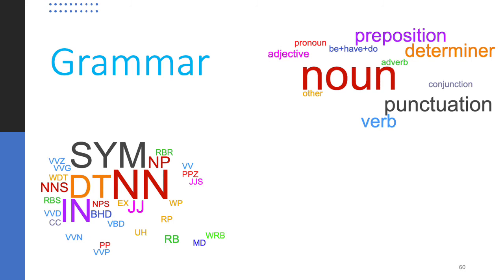And a tag is a 2, 3 or 4 letter code that indicates not just the part of speech but the type of part of speech. So here you'll see NNS, that means plural noun, or MD is a modal verb, or RB is an adverb, or JJS is a superlative adjective.